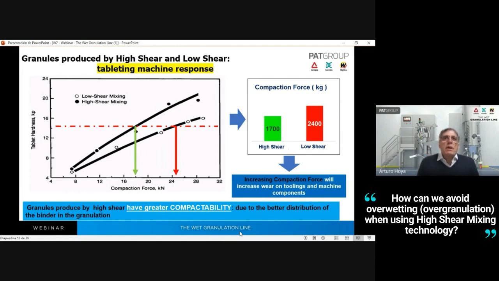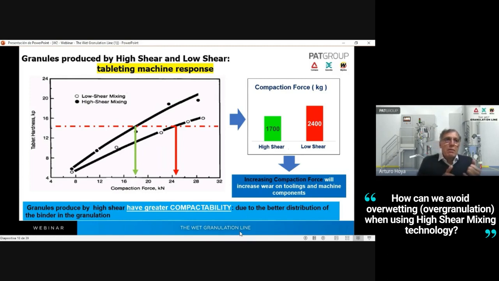If you put a quantity of water, but you give too much time to granulation, it's possible that this water distributes around the mass and produces an overwetting because of the excessive time of granulation at a defined impeller speed.